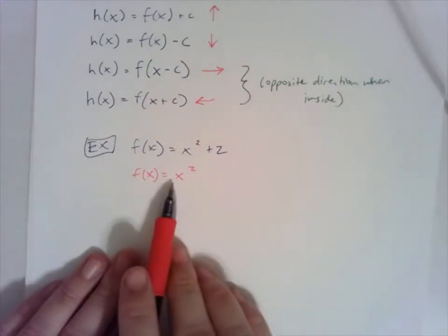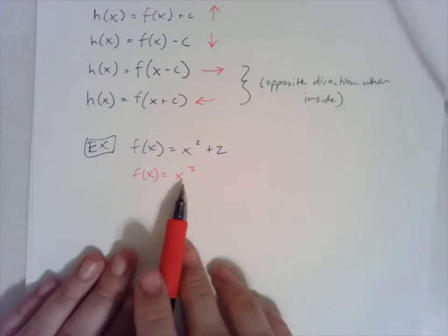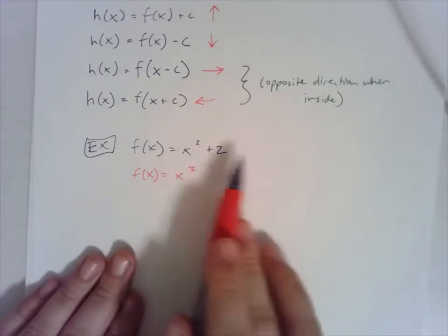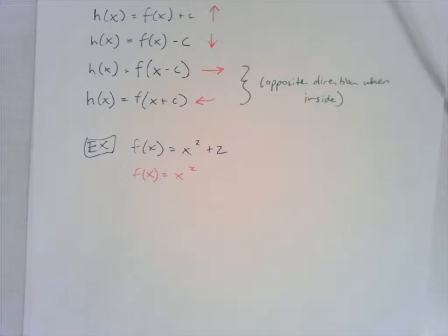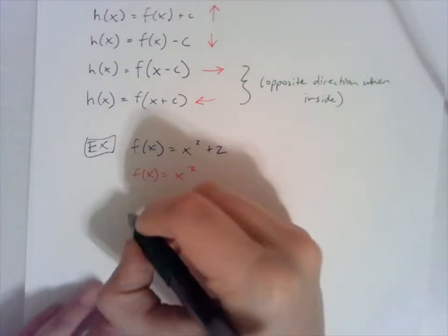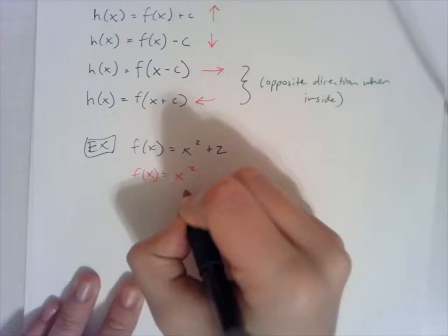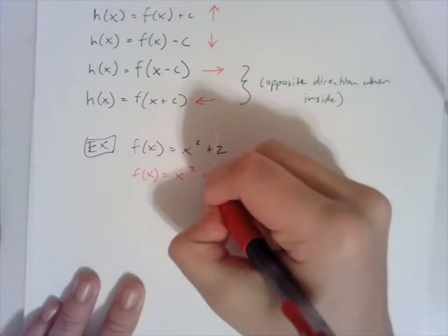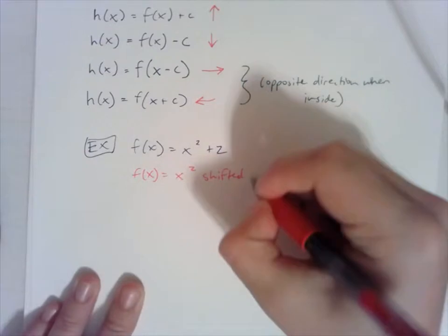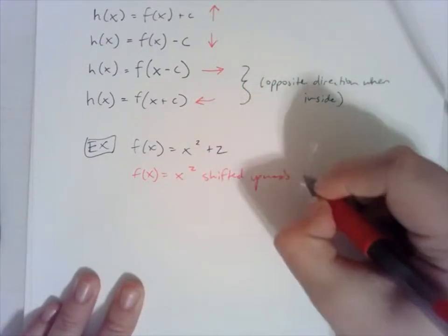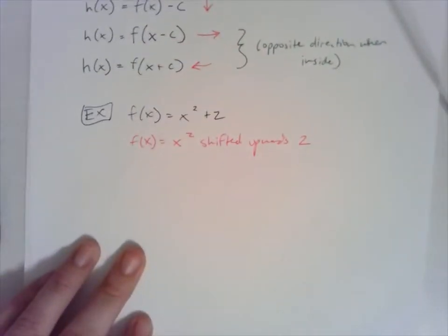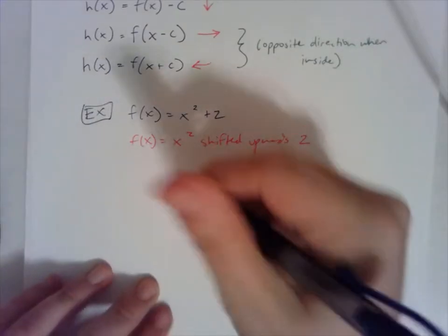And what's happening to that classic parabola shape is that we have a plus 2. So we can understand that this is x squared shifted upwards by 2.